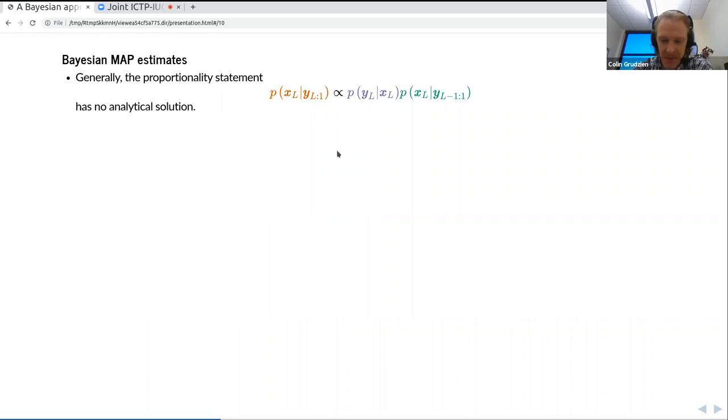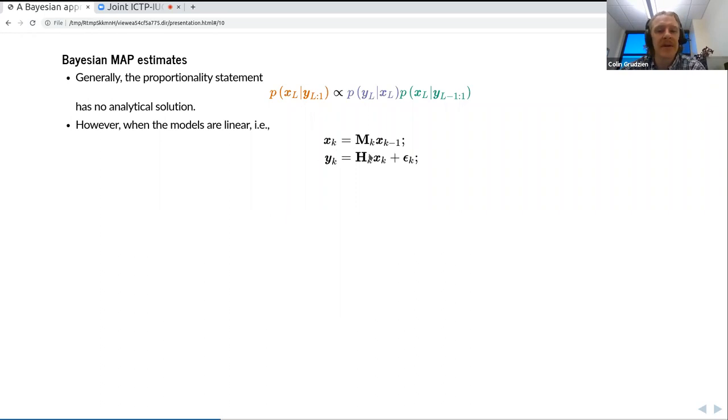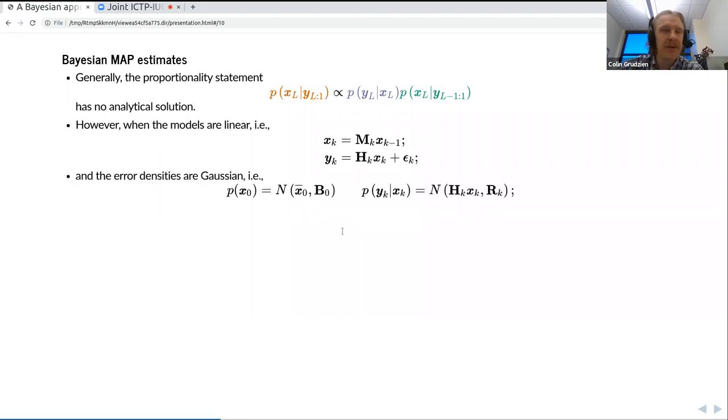But if we want to impose a constraint to make this a little bit simpler, let's suppose for the moment that this process model is just a linear transformation, and respectively, this forward observation operator is also just a linear transformation. And suppose furthermore that the prior on our initial data, representing the uncertainty in the initial condition, is some Gaussian with some prior mean and some prior covariance.